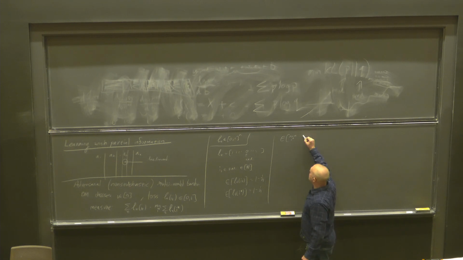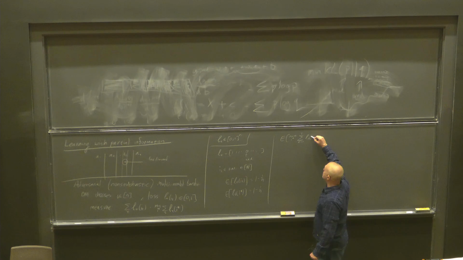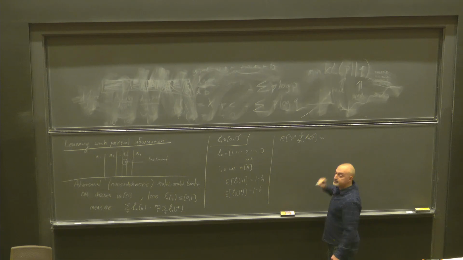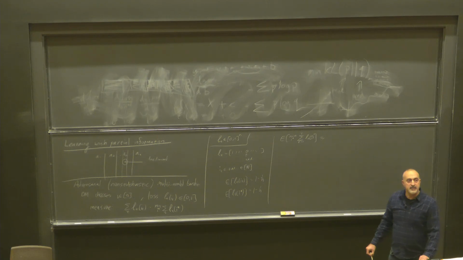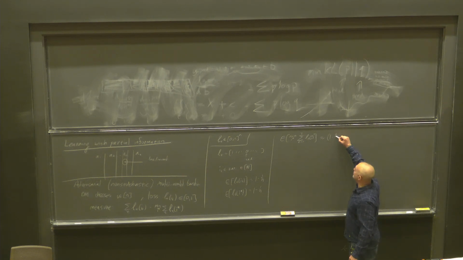If I sum over all t from 1 to big T, L_t(i*), this is going to be how much? I was just saying shouldn't it be less than 1 minus 1 over n? By how much? That's true. It's going to be something like (1 minus 1 over n) t minus something. Minus what?